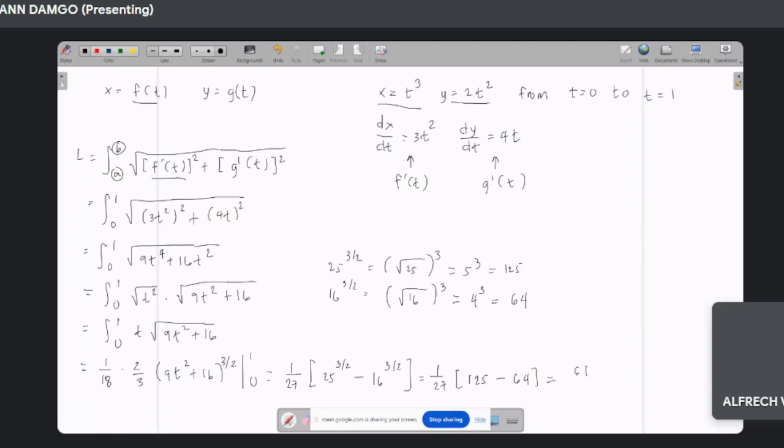This is 61 over 27. And this is the length of the arc of the curve, where our parametric equation is x is t cubed and then y is 2t squared.